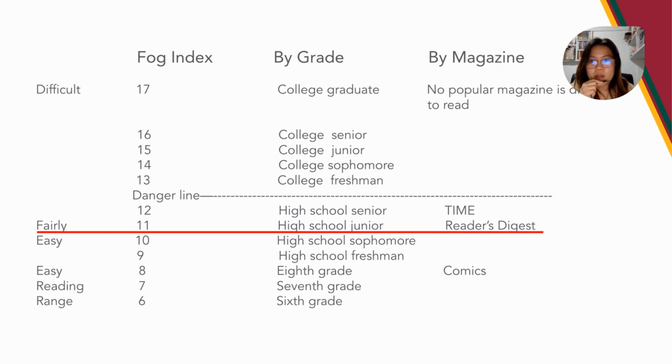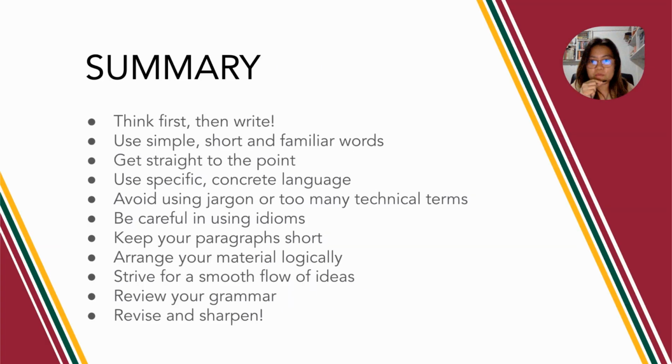So I hope you learned something from the fog index table. It's about learning and measuring the difficulty of a text, and those were the three steps on how you can measure the difficulty of a text.